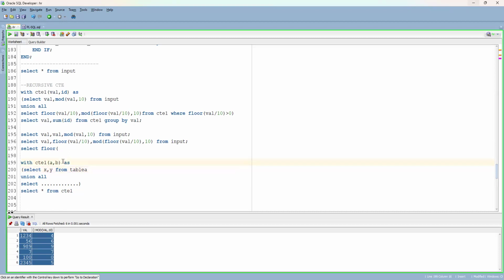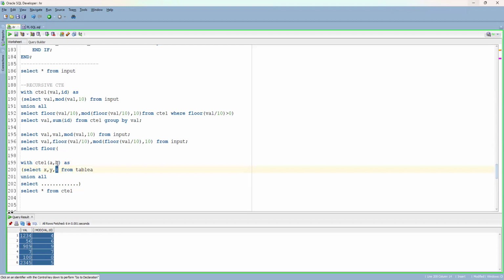Is this clear? Yes, sir. Yes, got it. Perfect. Then here, let's say, Tanvir, I am extracting three columns from table A: X, Y, Z. So you are telling that X will be saved in A, the output of Y will be saved in B. What about Z, right?